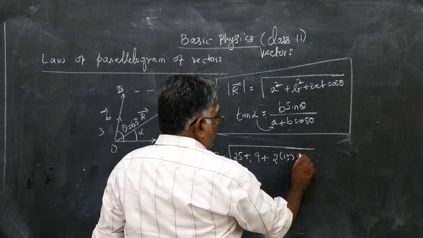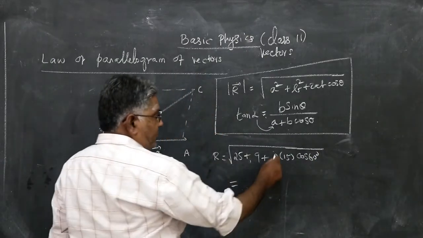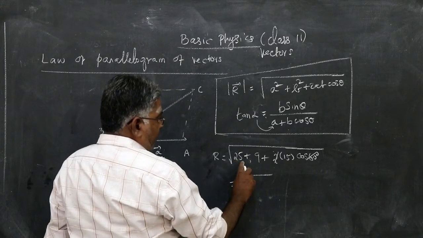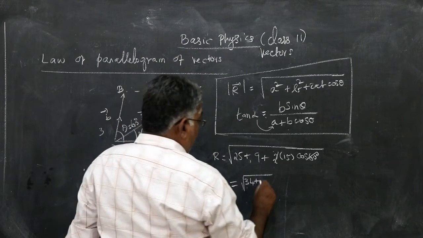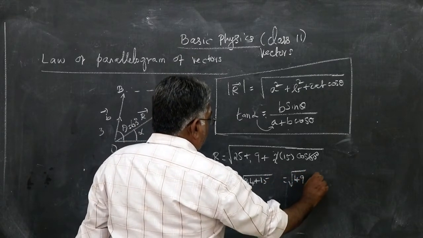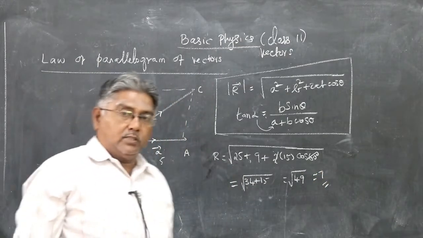This gives the magnitude. Cos 60 is half. 25 plus 9, 34, plus 15, root of 49. So 7 units. The magnitude of the resultant is 7 units.